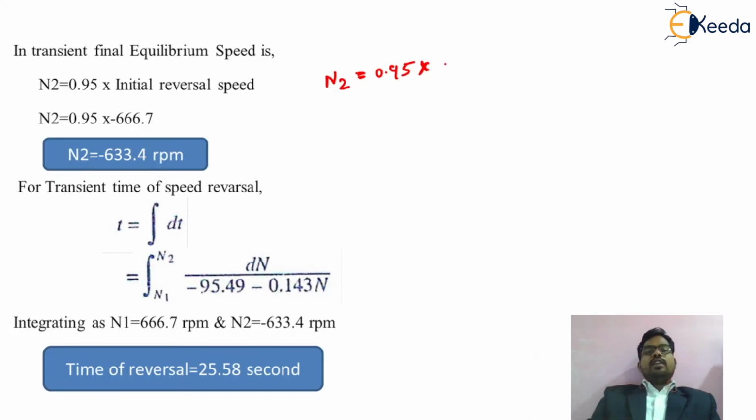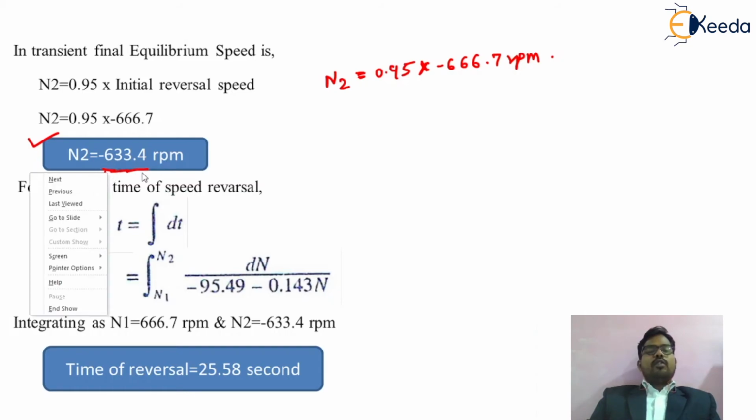The initial value of the reversal speed is given by the fundamental equation, that is 666.7 rpm. So the value of n2 is minus 633.4 rpm. So this will be the value of n2.